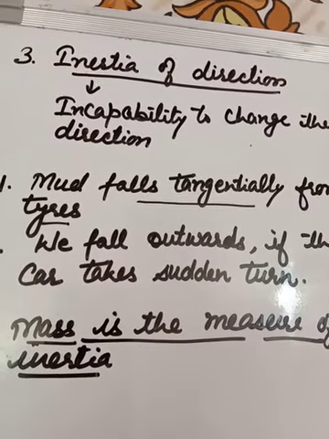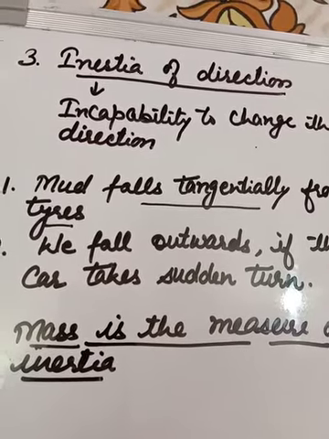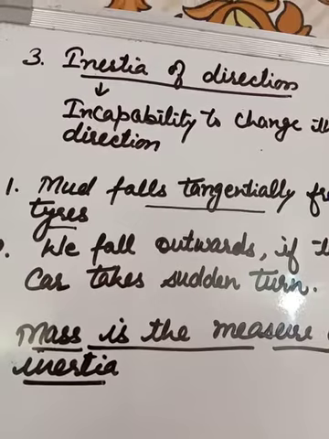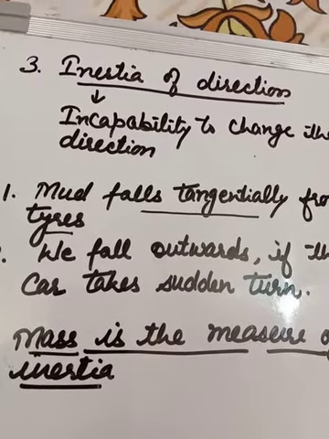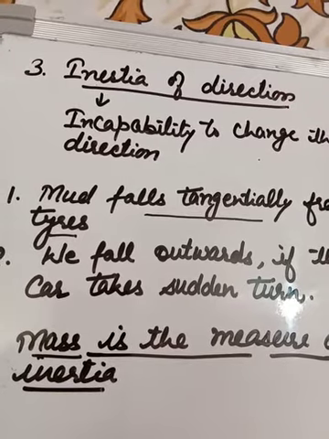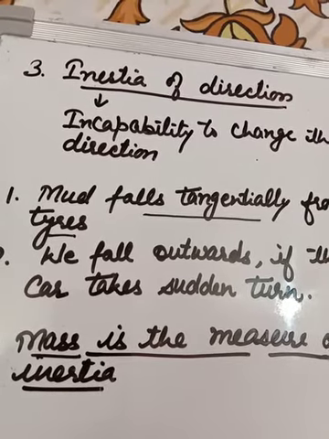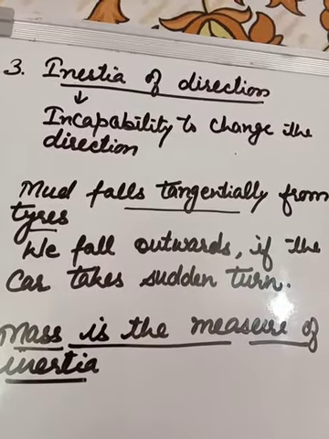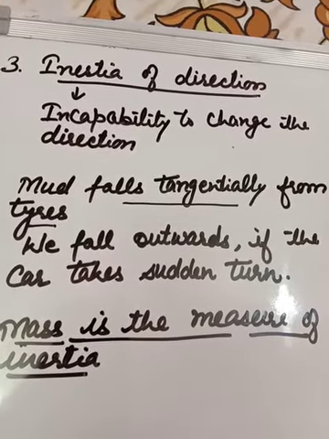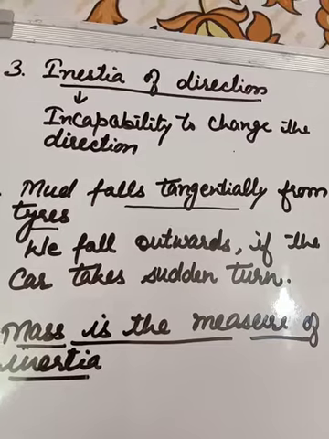You might have observed that it seems heavier, it has more mass. So an object with more mass will have higher inertia, and an object with lower mass will have lower inertia. Mass is the measure of inertia, which means the inertia of any object depends on its mass.